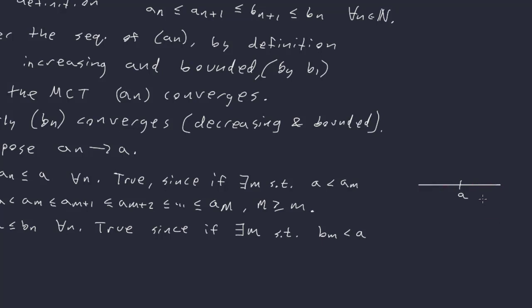Now, if one of my b's crossed over, say here, then all my other b's would be over here. Well, then my a's couldn't actually converge, because all the a's are trapped below here. All my a's are on this side, so I wouldn't be able to get close enough to A.